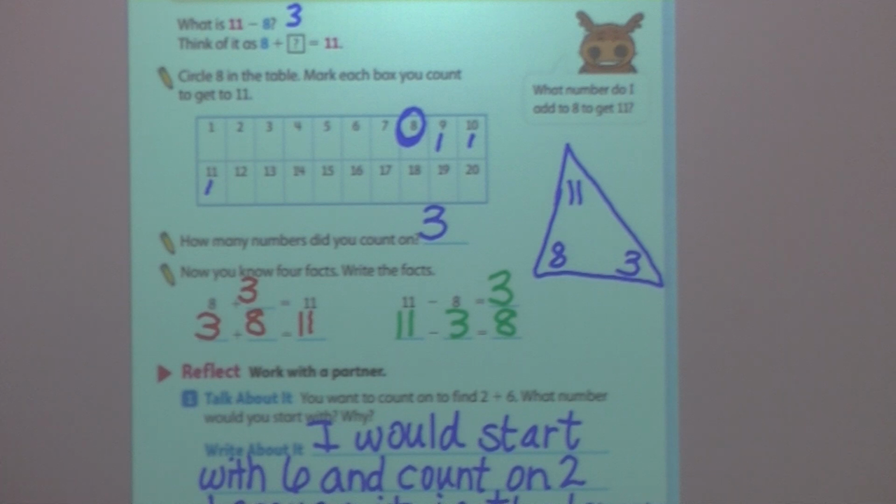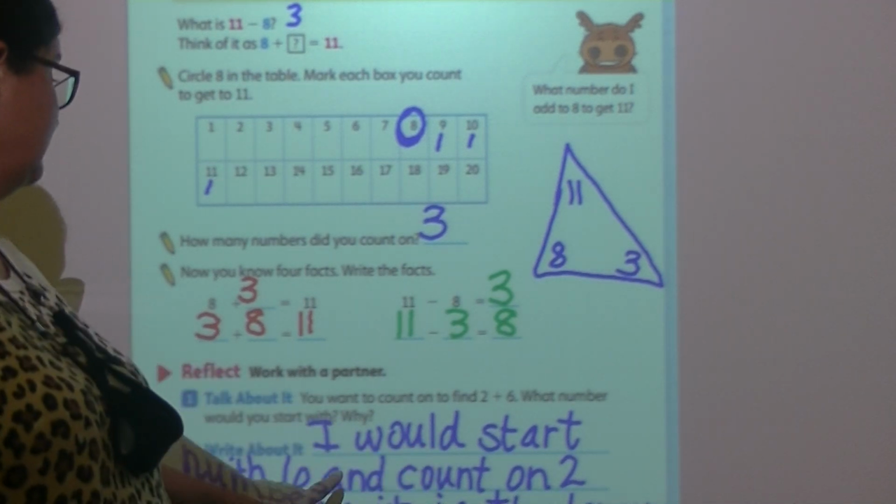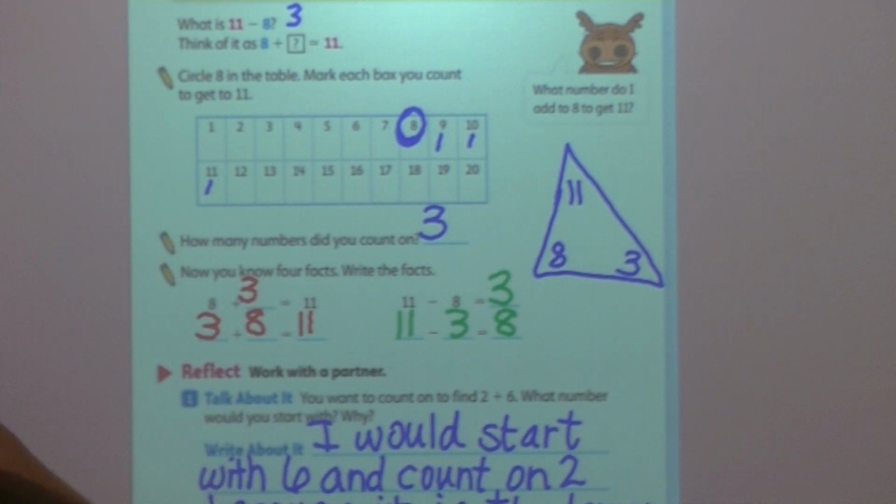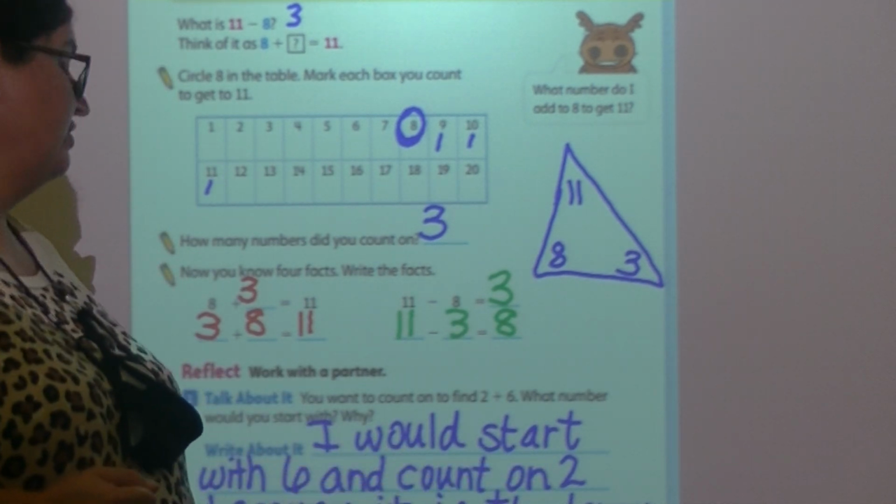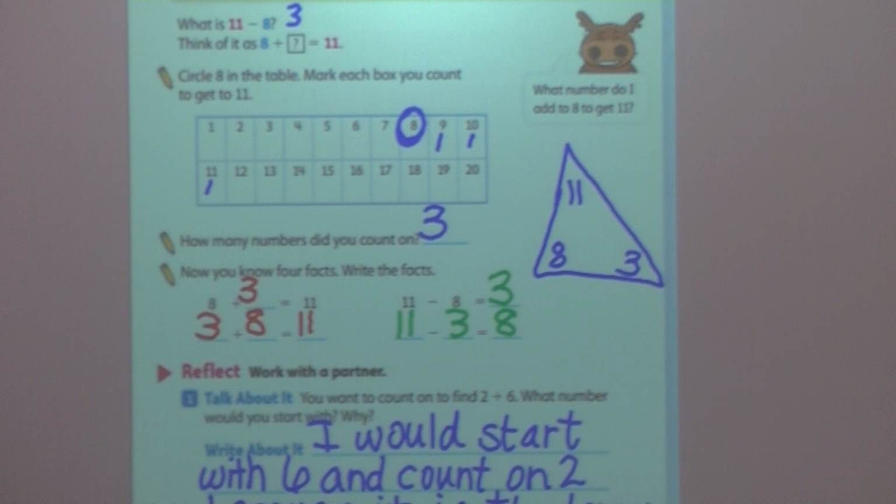I'm going to check over my writing to make sure it makes sense. I would start with 6 and count on 2 because it is the larger number. That way it makes sense and it's less mistakes made if I start with a larger number.